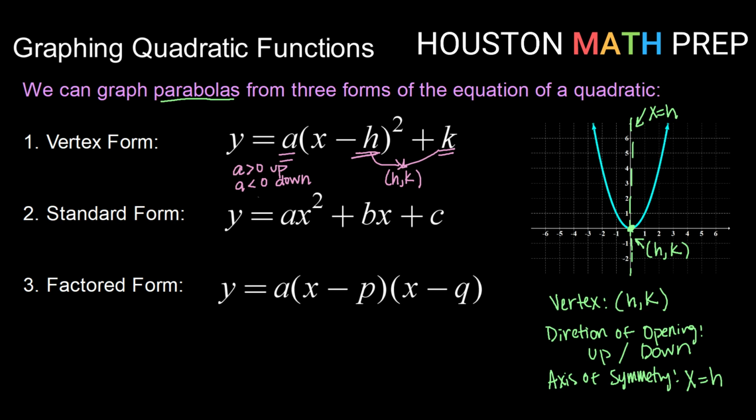From standard form, a is going to tell us the same thing. So our coefficient of x squared is still going to be the same information. If a is positive, we're going to open up. If a is negative, we're going to open down. But we have to do a little bit more work to get our vertex. We have two options here.